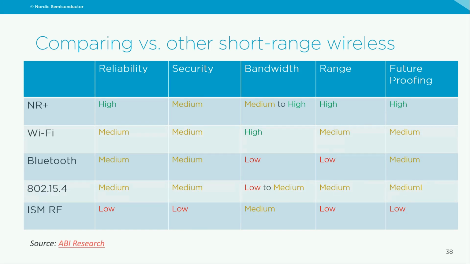From this table, we can see that NR Plus directly competes with Wi-Fi and private cellular networks, and also that it excels in range, reliability, and future proofing, while matching other criteria compared to the other short-range technologies here.